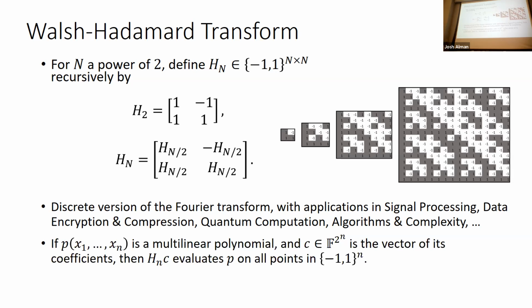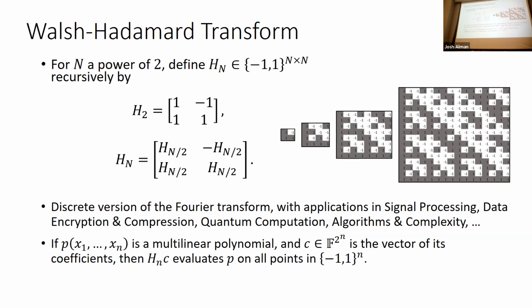One is that if you're given as input the coefficients of a multilinear polynomial in n variables, then the Walsh-Hadamard transform times the vector of coefficients evaluates that polynomial on all points in {-1, 1}^n. If you've seen Fourier analysis of the Boolean hypercube, this is the Fourier transform you're talking about; it evaluates the polynomial on all the points.